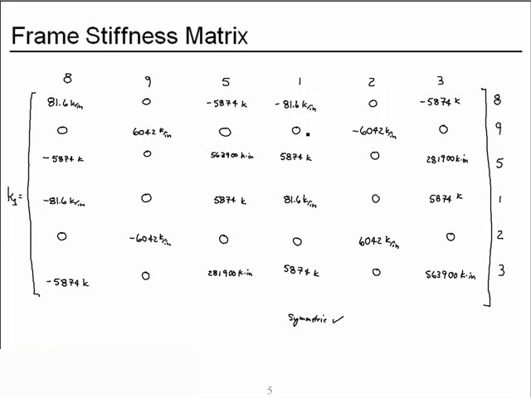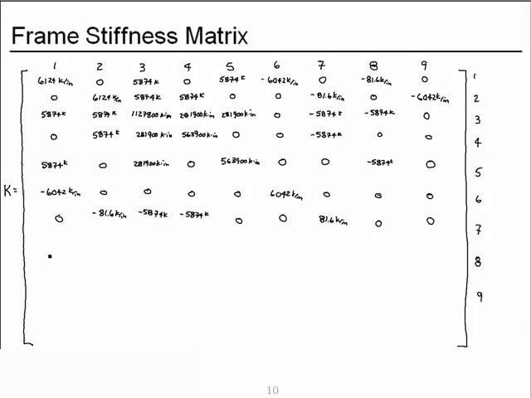Then 4 is zeros, 5 come from here, 6 and 7 are zeros, and then 8 and 9 come from here. So we have minus 81.6 kips per inch and 0, 0, minus 6042 kips per inch, minus 5874 kips, and 0.